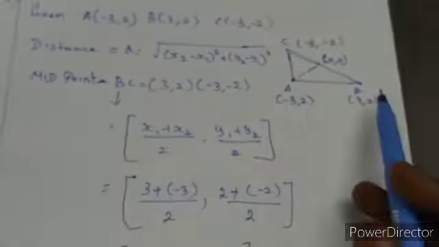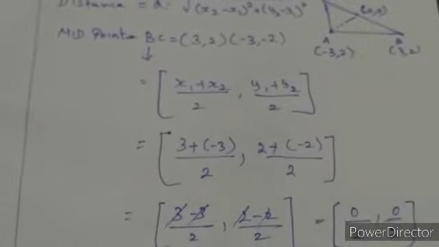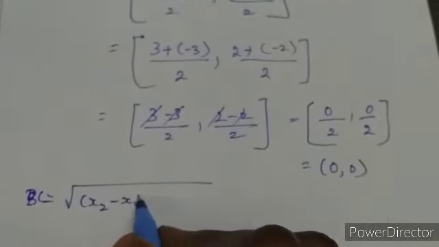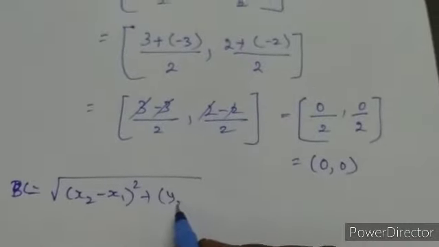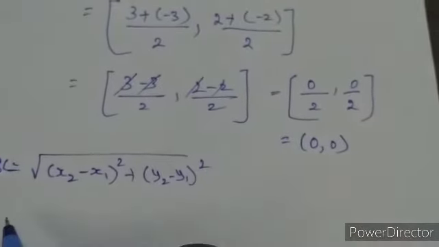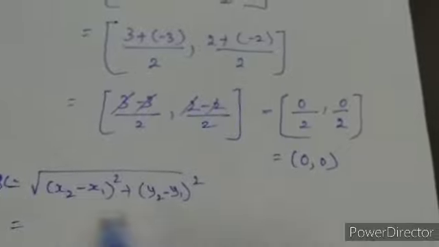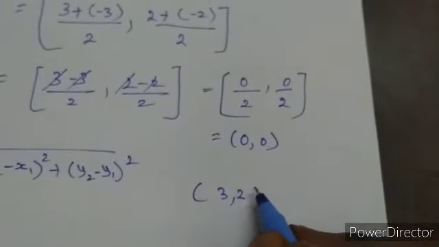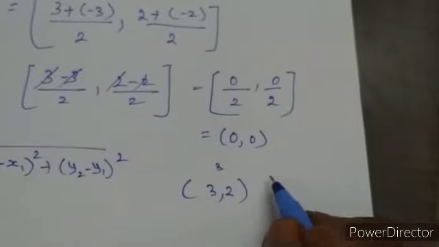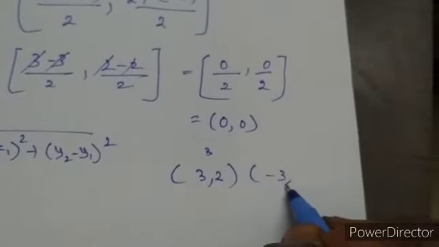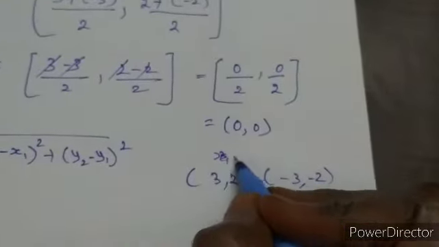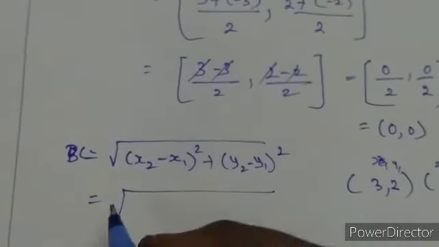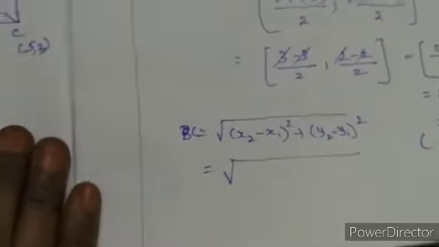Yes, BC equal to square root of x2 minus x1 whole square plus y2 minus y1 whole square, that equal to the points I told: 3 comma 2, that is B, and C minus 3 comma minus 2. So x1 y1, x2 y2. Let's substitute this in the formula.